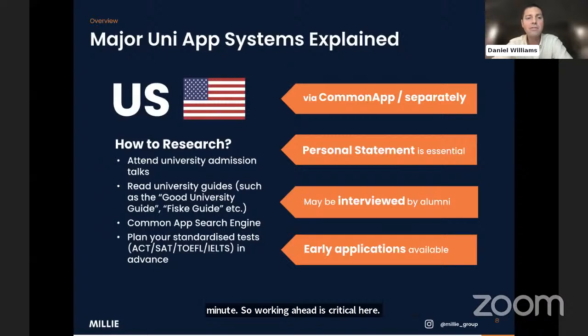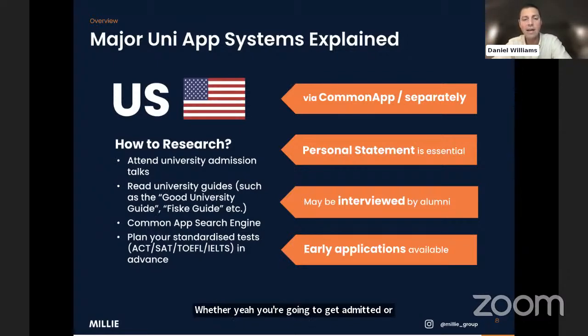So how do you figure out where you want to apply in the US? In the UK, it was very straightforward. You either meet the entry requirements or you don't, and you can use that UCAS search portal to determine that or not. In the US, because it's a holistic admissions process, and there are so many other factors at play, it's less easy to determine whether you're going to get admitted or not.